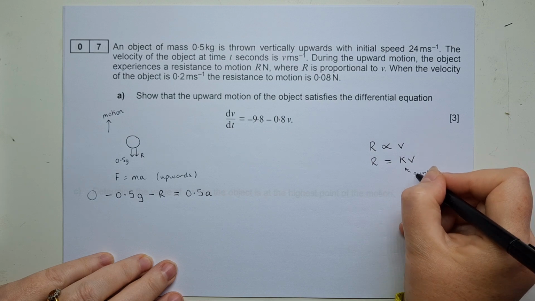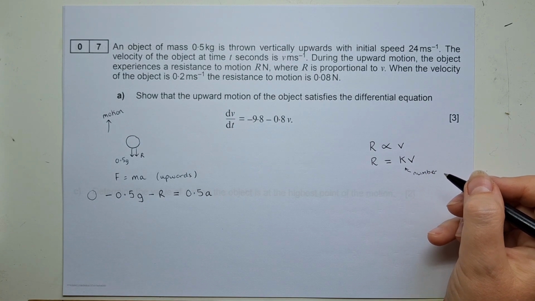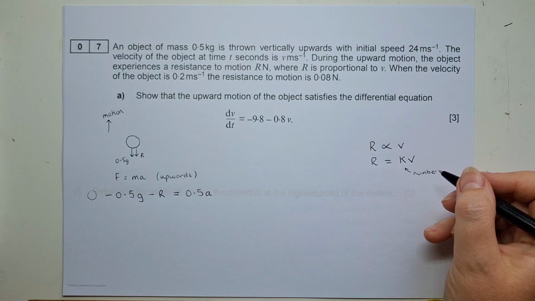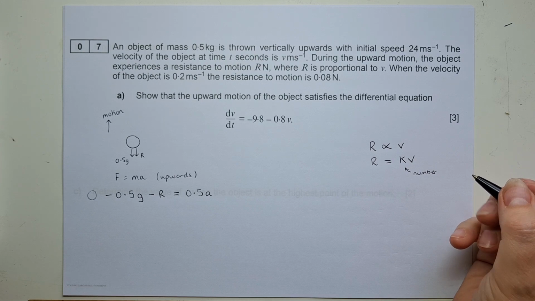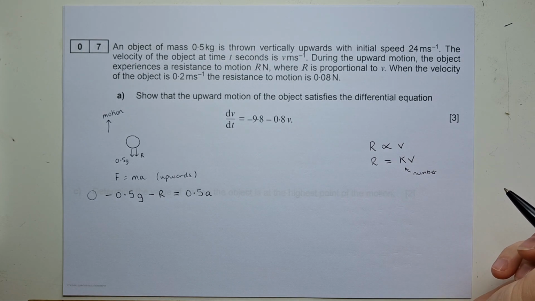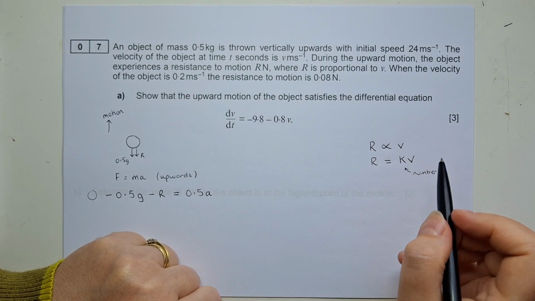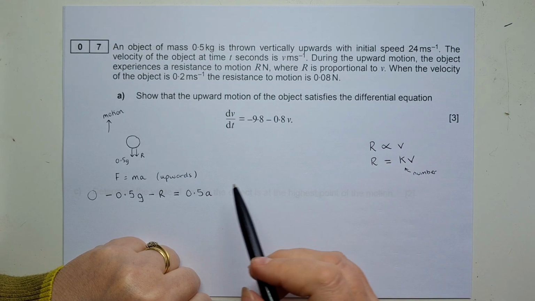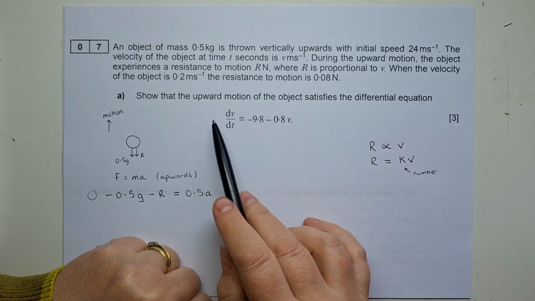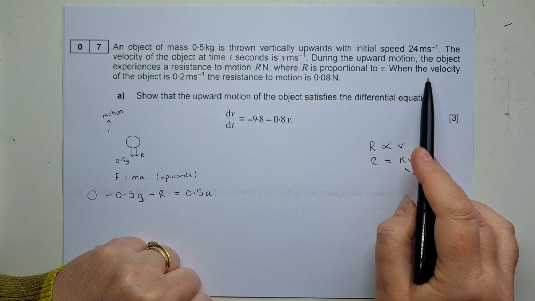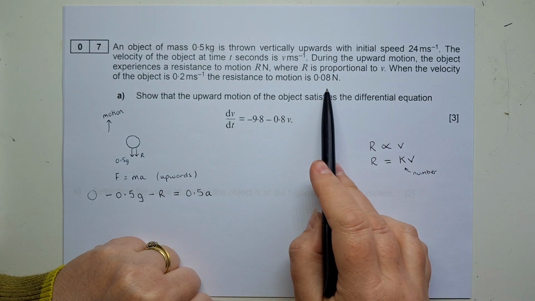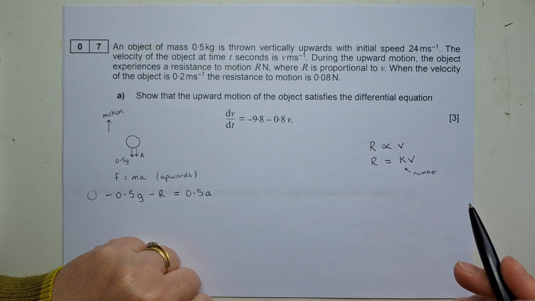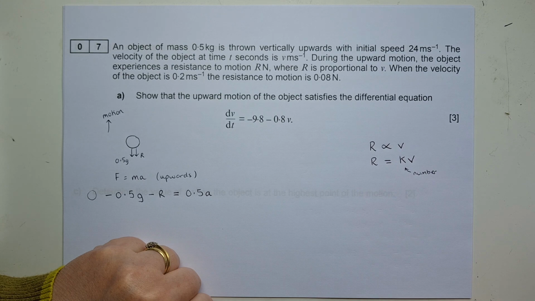We'll sometimes see this happen in the pure differential equations, and sometimes in the mechanics differential equations. So we could just put it in as kv, but notice there isn't even a k here. That's because they've given us a bit of information that we can use immediately to work out k. It doesn't hang around as a k like lots of other questions we've seen.